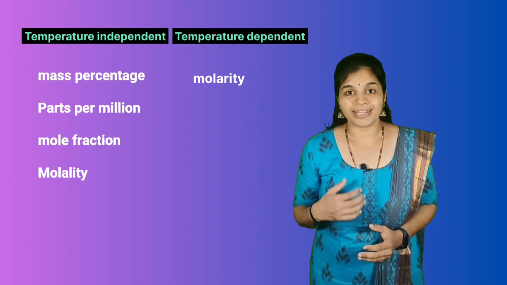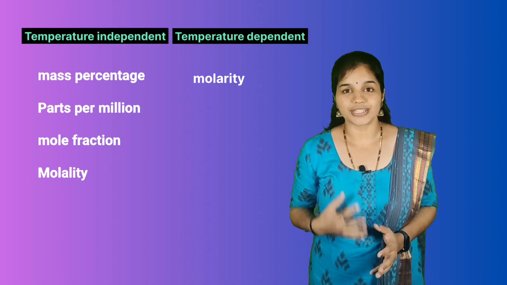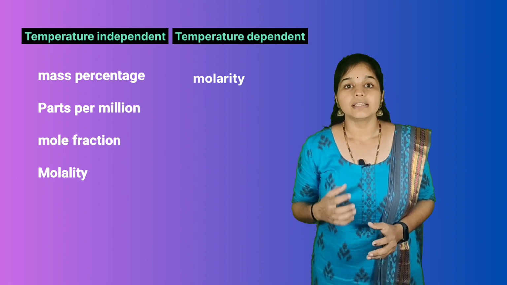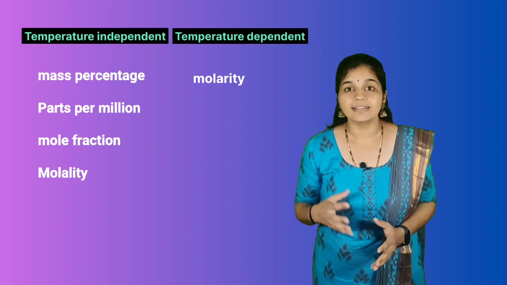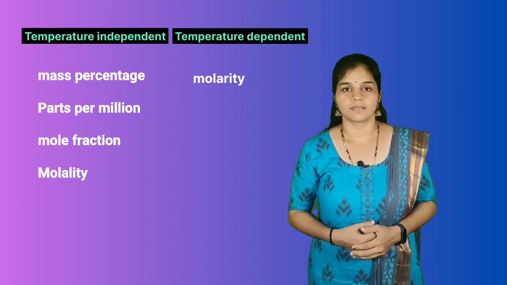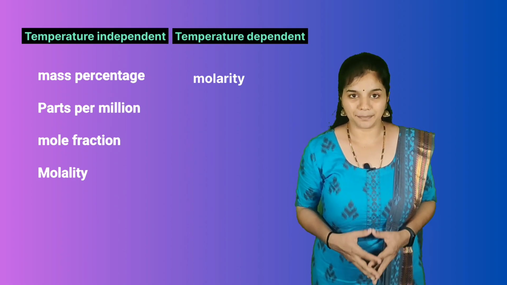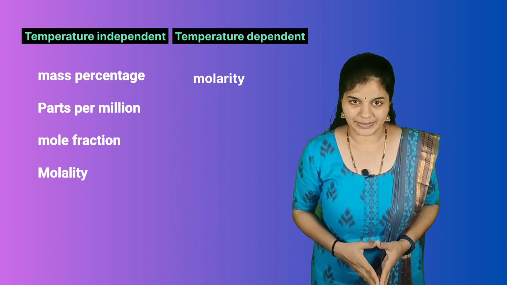So when we perform any experiment, which concentration should we choose to express the concentration of components? We have to choose concentrations depending on the experimental conditions. When we perform an experiment which is not affected by temperature, we can express concentrations in molarity.